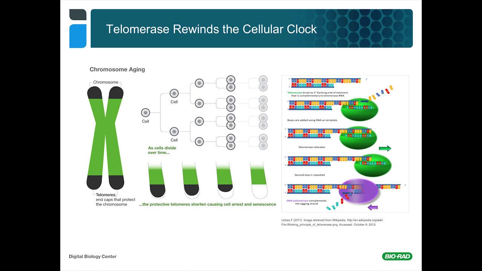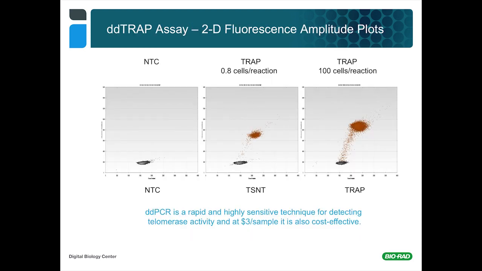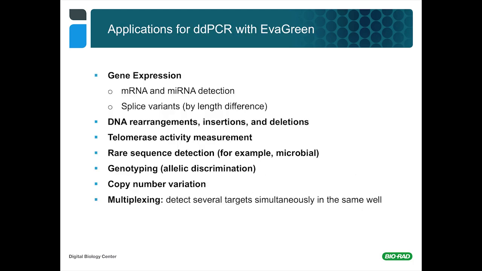We have, in conjunction with Elizabeth Blackburn's lab at UCSF, helped them to convert what was previously a radioactive trap assay into a droplet digital PCR assay, shown in the next slide. And I won't say more about this in this talk, but again refer you to a colleague's talk next month, which will focus in on cancer applications. So lastly, I just want to say there's a wide range of applications that can deploy the droplet digital PCR with EvaGreen.